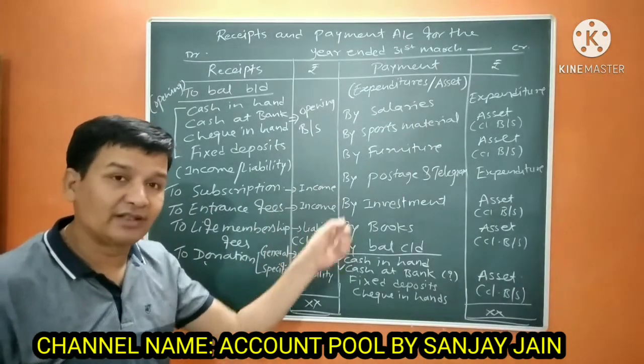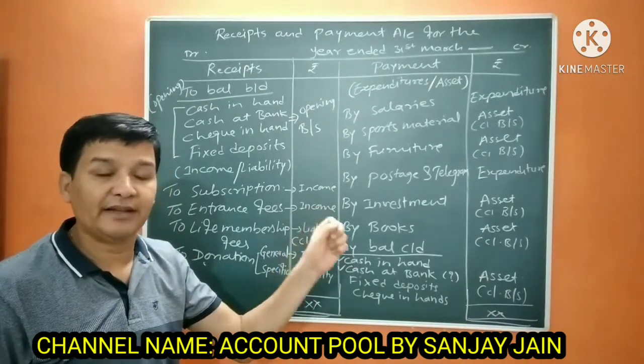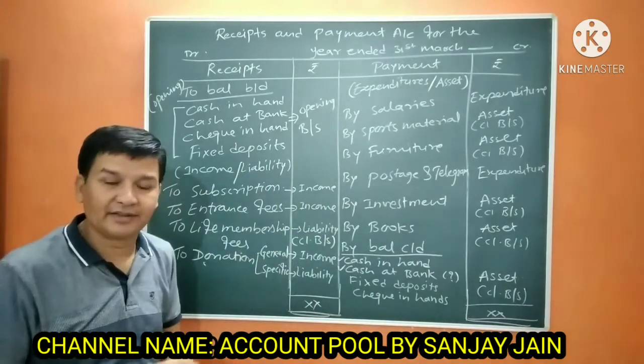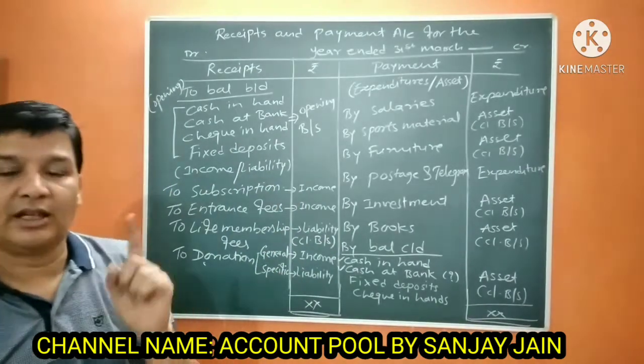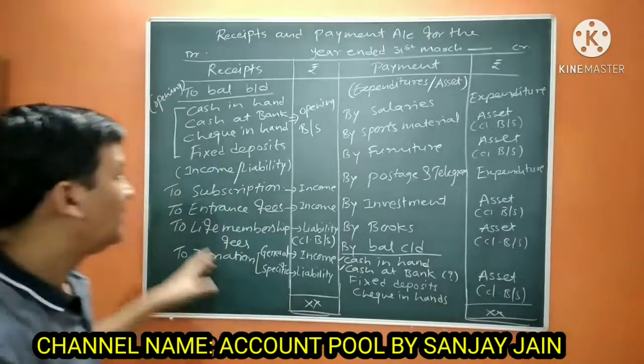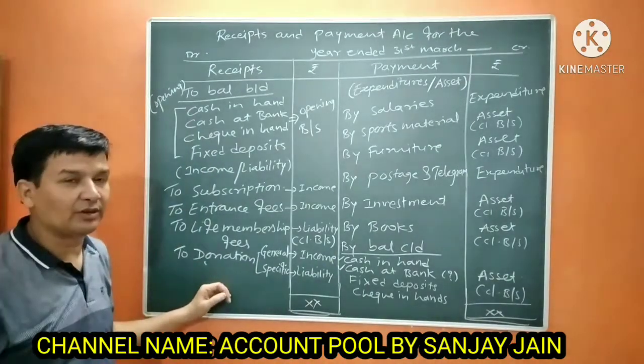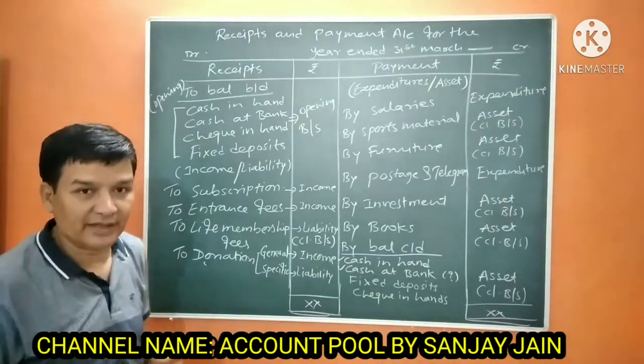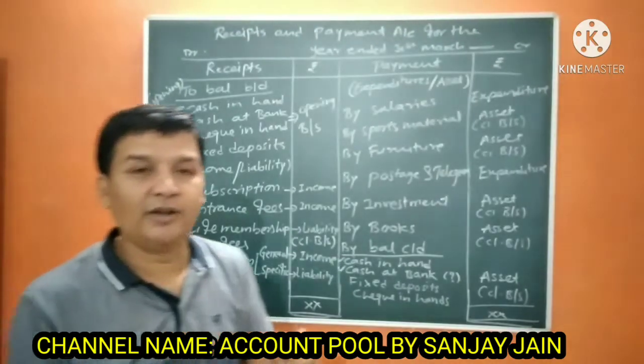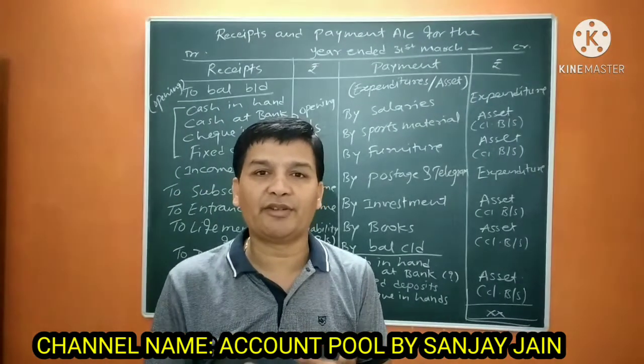When we talk about these things, it is very, very clear. So, my dear friends, keep in mind these items you should remember, because according to me, I do all the things by double entry system.